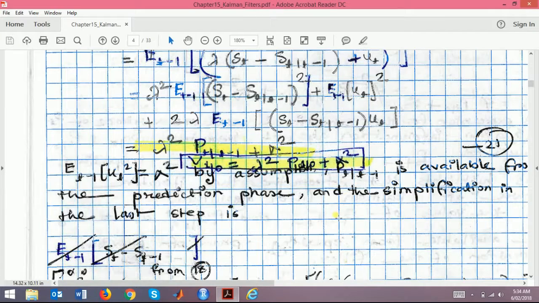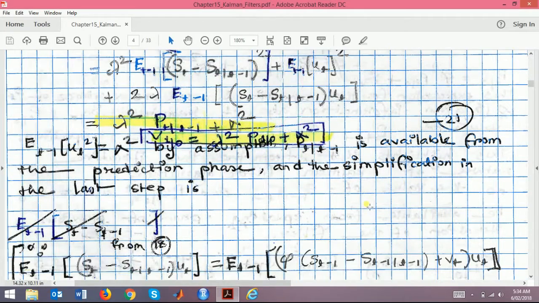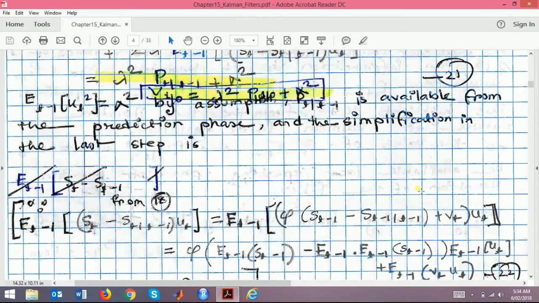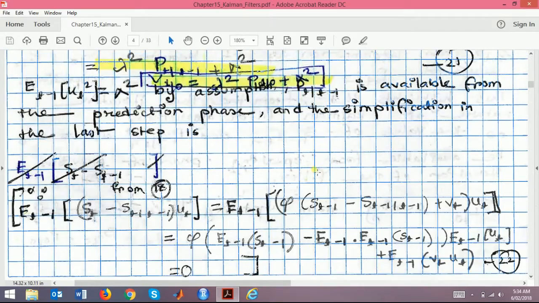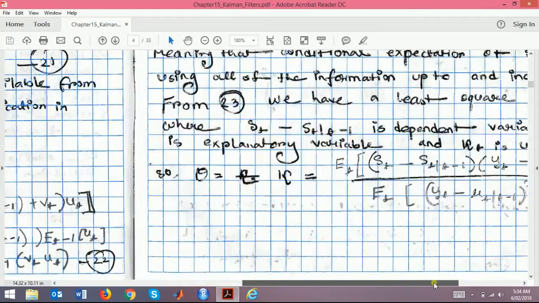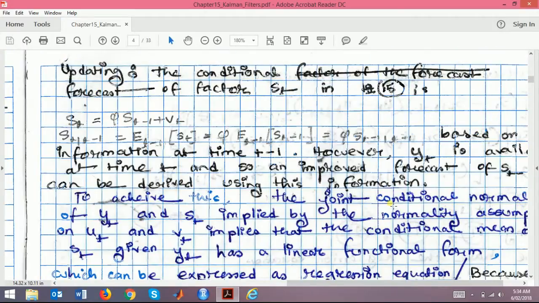By assumption, p10 is available from the prediction phase, and the simplification in the last step is simply that we have all the information available to us, and we do a simplification in the last stage. That's all.